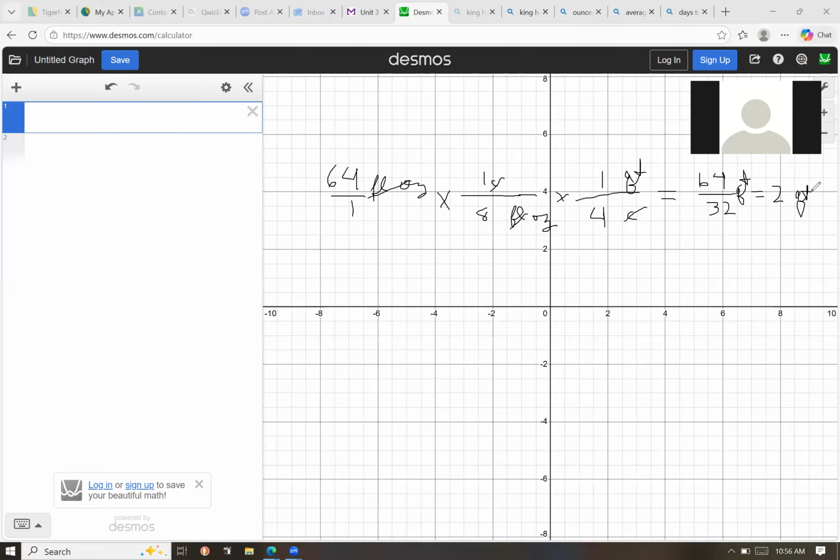Okay, and then the other measurement they gave us is 1.89 liters. So again, we'll start with our 64 fluid ounces that were given. Put that over 1. And then we need the conversion from fluid ounces to liters.